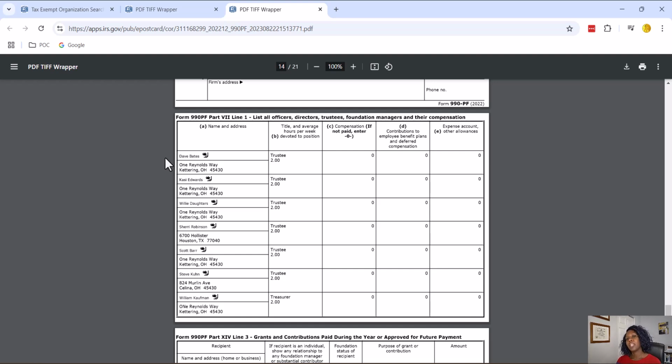Hey, Dave, I see you're a trustee for the Reynolds Reynolds Foundation. I want to apply for funding. Can you tell me a little bit about what you all want to fund? Can you tell me how much? Can you tell me my odds of being awarded funding? Just get some information. Ask Dave what they are looking for. See if their foundation and your organization, your mission aligns with them. And see if it's worth moving forward.